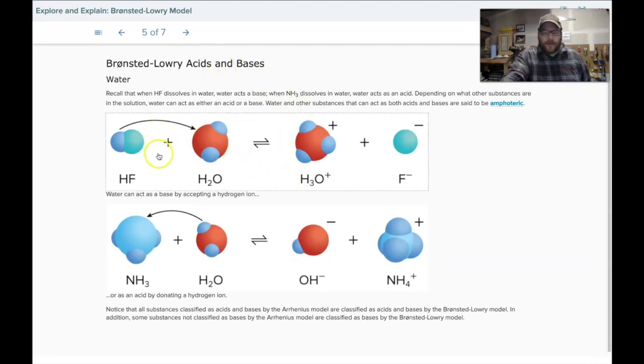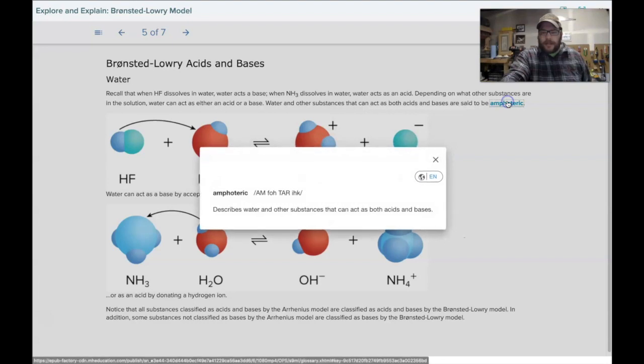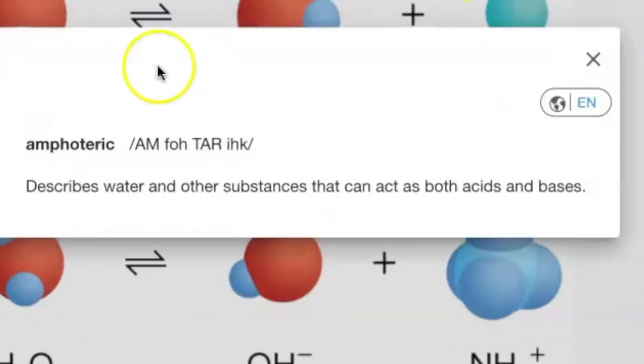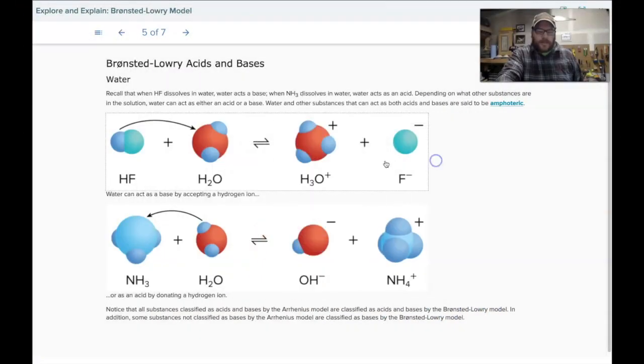So now water is kind of different. Water is called amphoteric. Amphoteric describes water and other substances that can act as both an acid or a base. So it depends on the situation that they're in. They could be an acid or a base. So if we look at this first one here, this is the reaction that we just looked at, with hydrofluoric acid. Water is acting as the base, and turning into a conjugate acid.